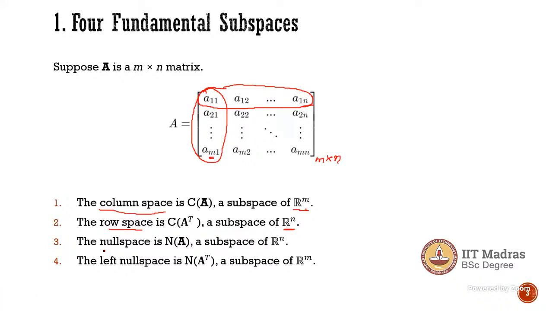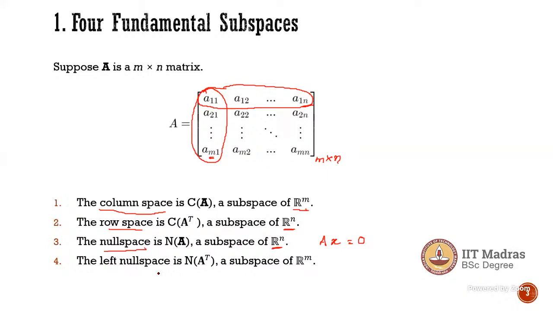Then consider the null space. Why is it called the null space of a matrix? Because the null space is the set of vectors x such that these vectors make your matrix equal to the zero vector. So the null space is the solution to the equation Ax equal to 0. Those vectors form the null space of your matrix. Since these are row-sized vectors, it is in Rn.